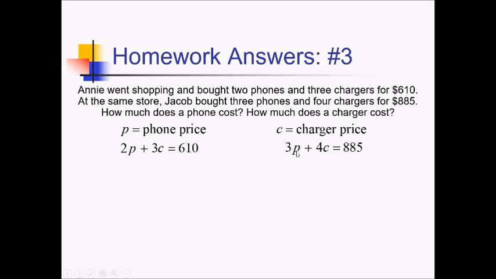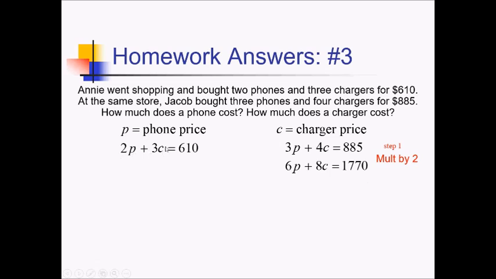So let me start by multiplying this equation by 2. Got to start somewhere. That'll give me 6p plus 8c equals, 2 times 800 is 1600, 2 times 85, that's going to be 170, so that's going to be 1,770. And then we have to multiply this other equation so that I get a negative 6p.